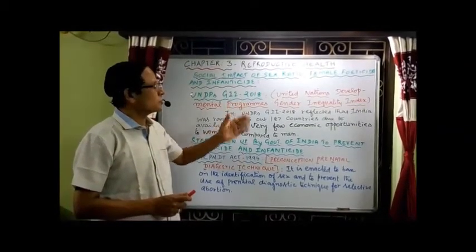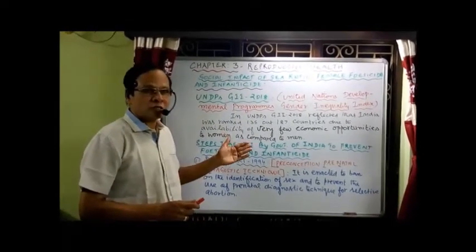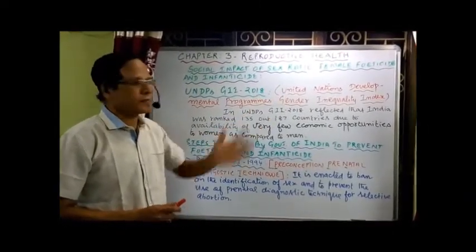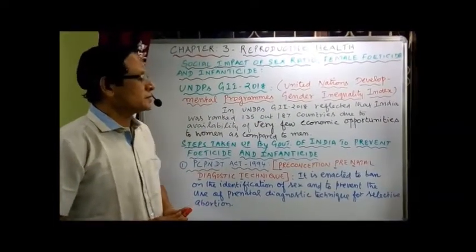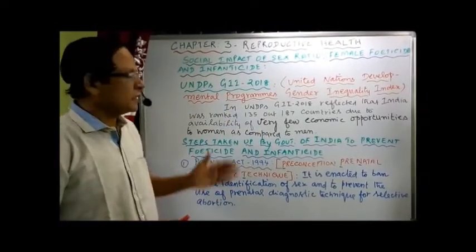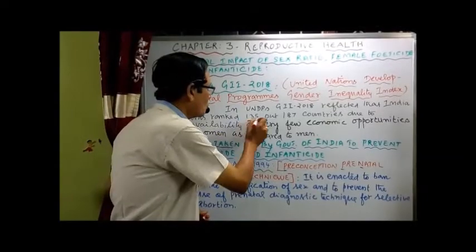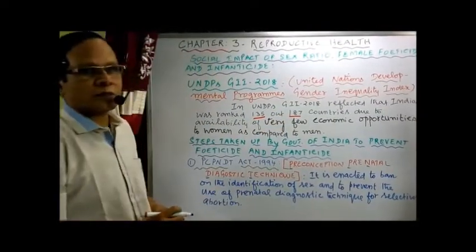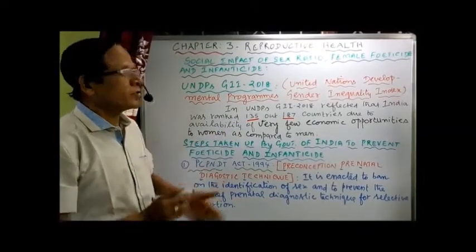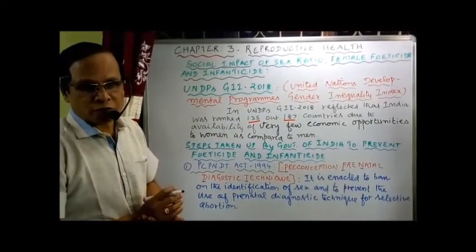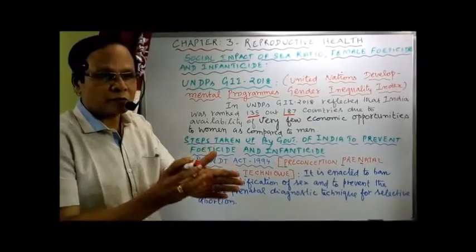The expansion is United Nations Development Programme, Gender Inequality Index. In 2018, India was ranked 135th out of 187 countries, due to the availability of very few economic opportunities to women as compared to men.